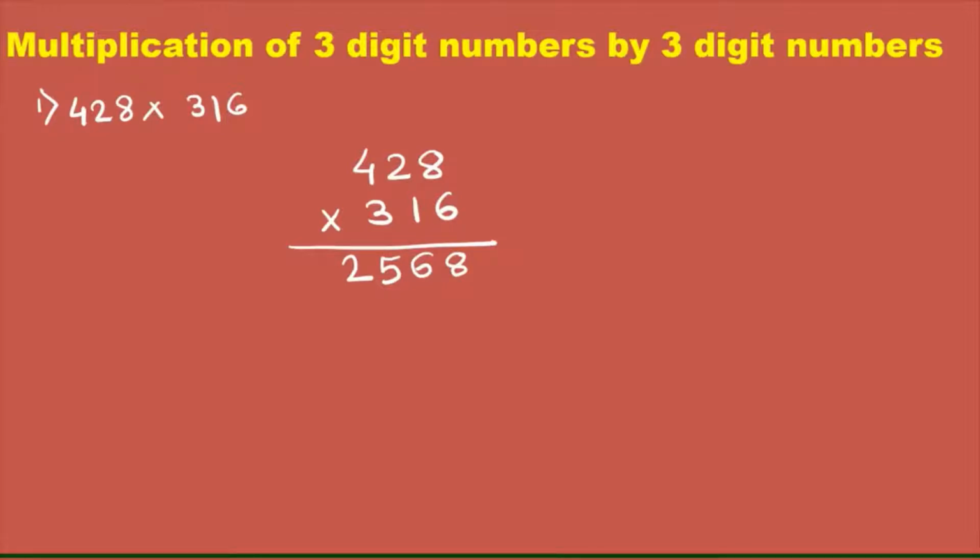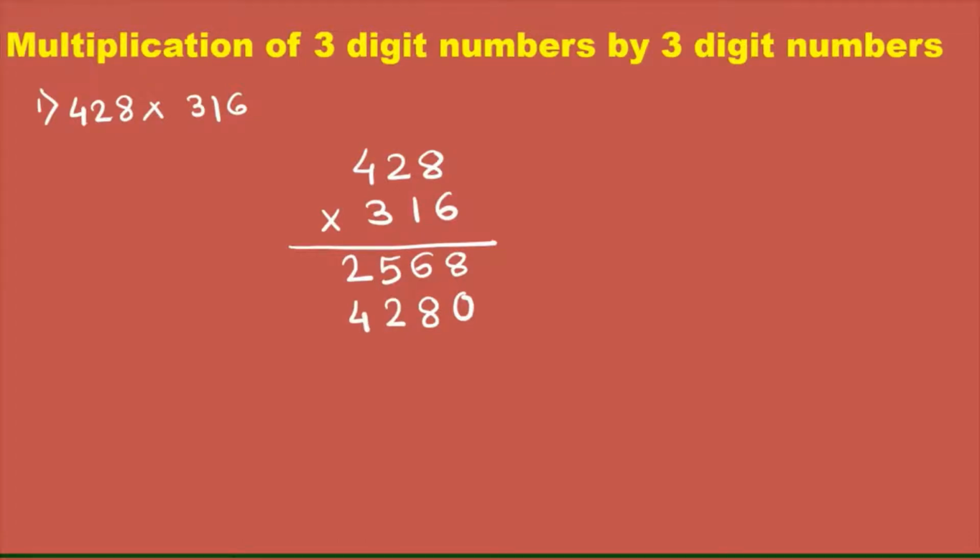So I put 0 here for our next step, which represents 10, not 1 only. Now let's start. 1 times 8 equals 8. 1 times 2 equals 2. 1 times 4 equals 4. Now we are done with 10.